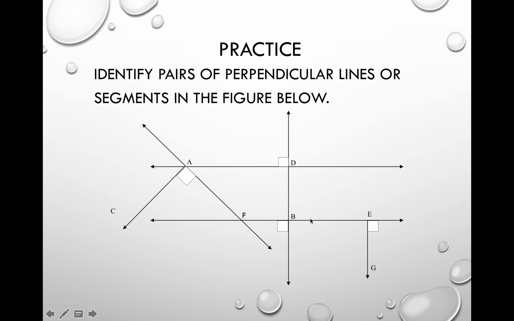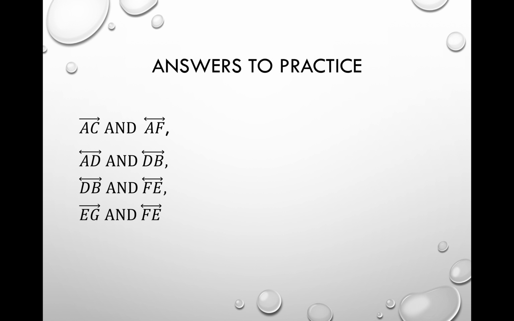I have line FE and line segment DB would be one. So it's just going around and looking and seeing which line segments you can see. So I would probably copy this down and then write down these answers.